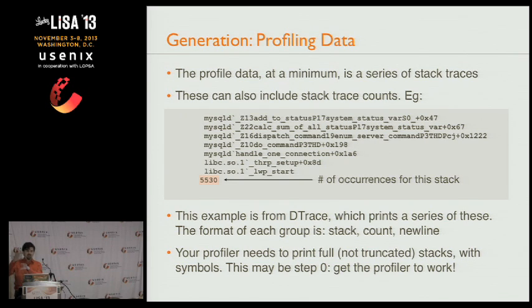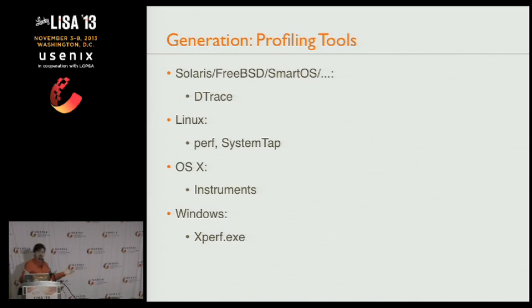Once you get the profiler to give you a meaningful output for your target, then you can feed it into flame graphs. There are lots of different profiler tools. Dtrace exists on many different operating systems. On Linux, I will use perf. Perf has different ways of profiling, not just CPU samples, but can do hardware events, software events. OS X has Instruments, Windows has Xperf.